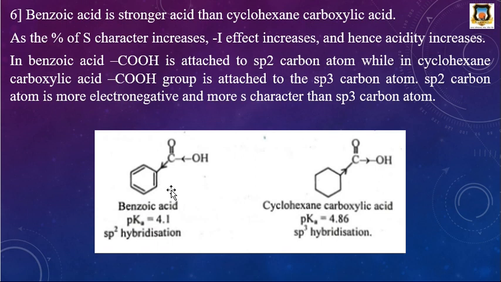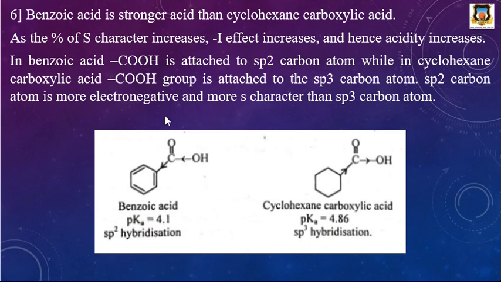In an sp2 hybridized carbon atom the percentage of s character is 33.33%, and in an sp3 hybridized carbon it is 25%. Therefore, as the percentage of s character increases, the electronegativity of carbon increases, and it exerts a stronger minus I effect than the sp3 hybridized carbon atom.